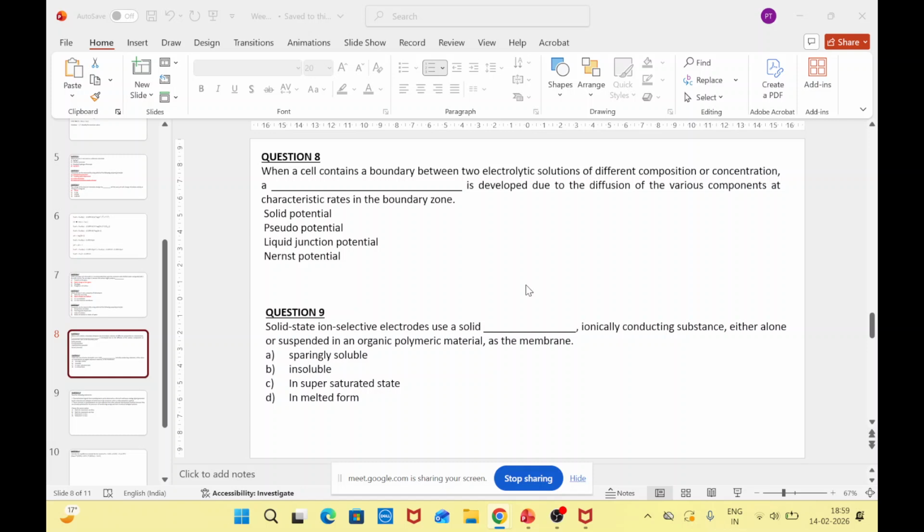So even there you will have liquid junction potentials, and these make the results a little bit inaccurate in these systems.